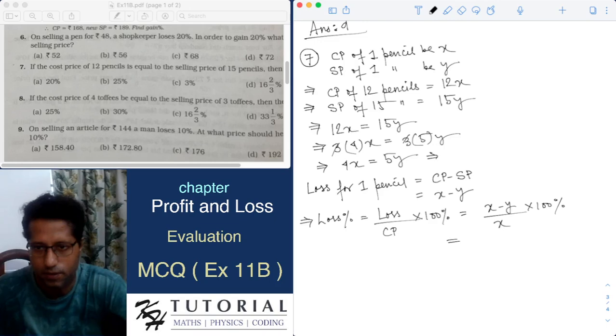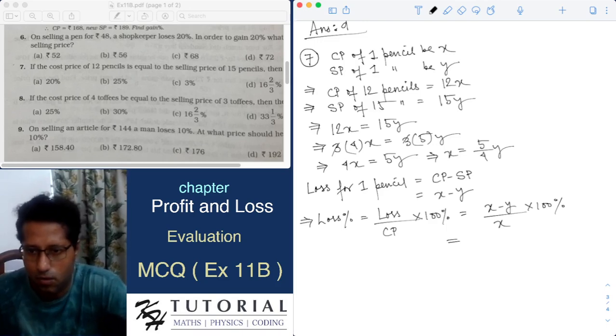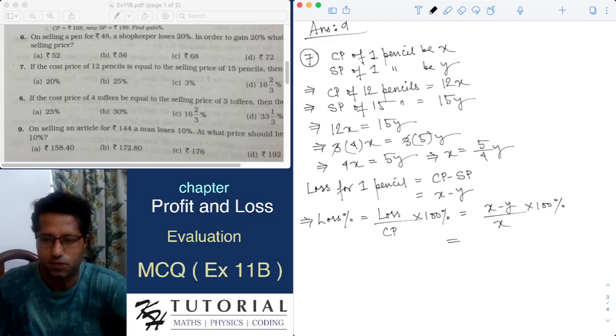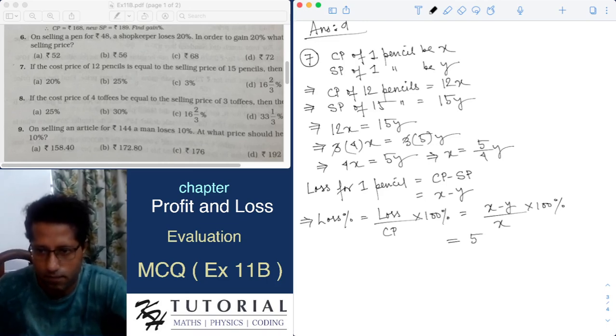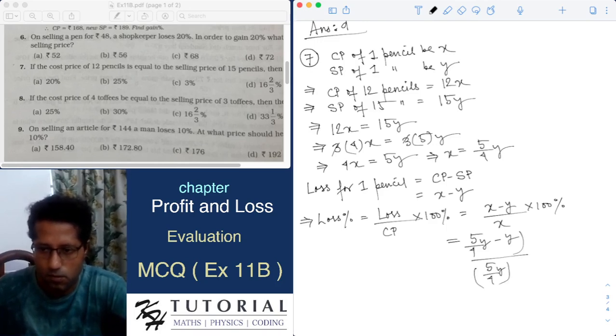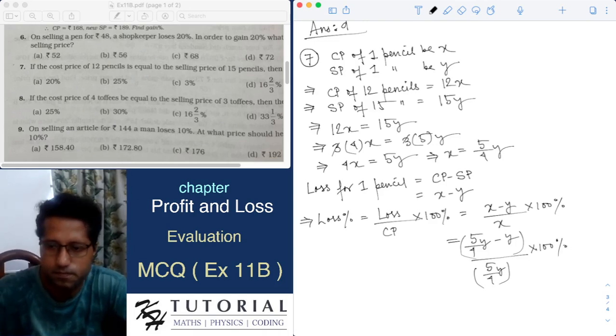Now in this expression we can substitute from this 4x equals 5y that we have earlier found, we can say x equals 5 by 4 y. Now in the loss percent we can substitute x with 5 by 4 y. So we get 5 by 4 y minus y divided by 5 by 4 y, this into 100%.